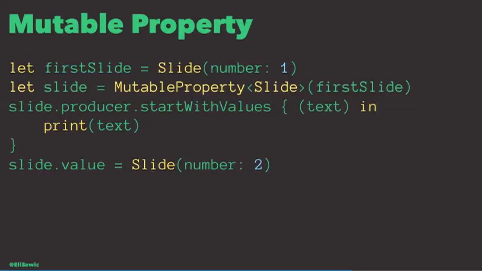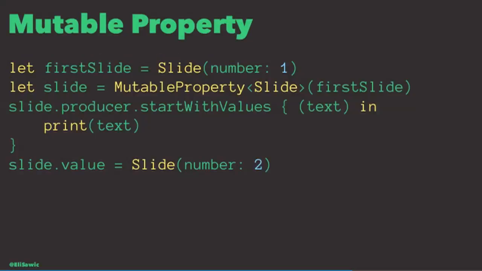So in this case, we have a slide mutable property that stores slide values, and at the beginning we assign a first slide here, and we also start with values on this slide property. And every time somebody calls, for example, slide.value equals slide number 2, this block will be invoked, and this operation will be performed by our application.